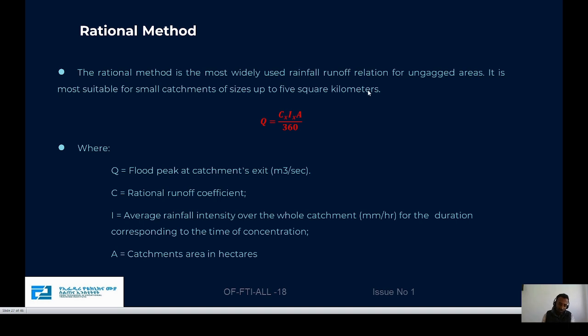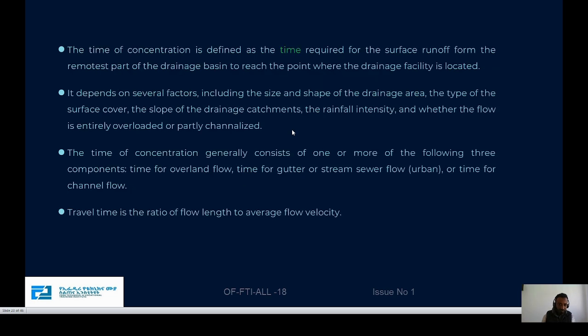The discharge will be gained by the runoff coefficient times the intensity times the catchment area over 316. The time of concentration is the time required for the surface runoff from the remotest part of the drainage basin to reach the point where the drainage facility is located.